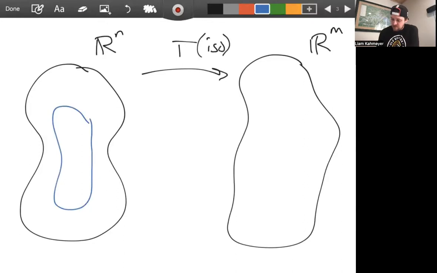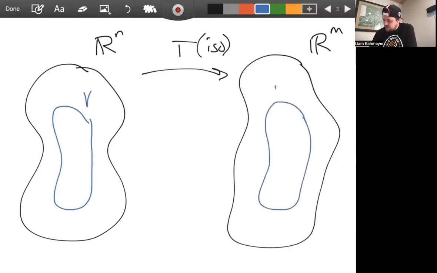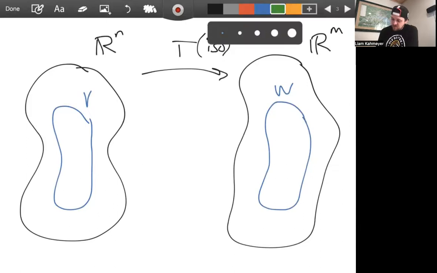Say here we have subspace V, and here we have the subspace W. And here T is a map of V to W. This map may or may not extend to the entirety of Rn and Rm. But an isomorphism is a map that's one-to-one and onto.